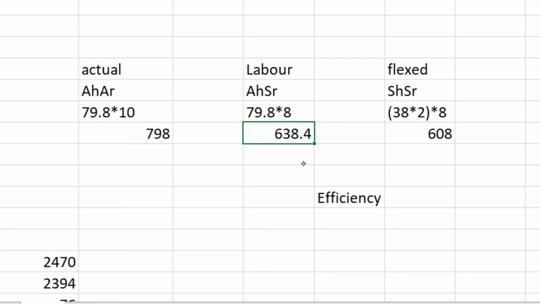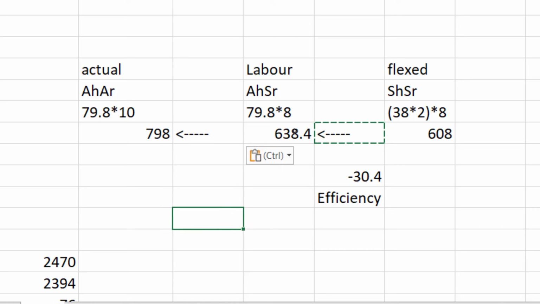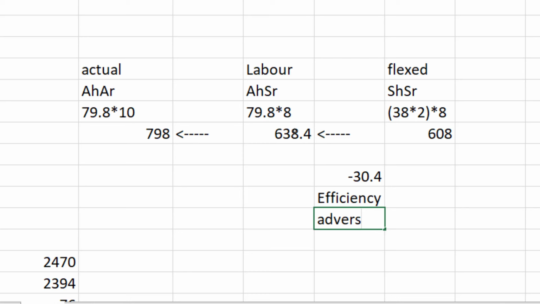We did use 638.4, so we were less efficient, weren't we? That's going to be equal to this one minus this one. Number is adverse. We're still going from right to left. And let's tell the marking team that that is adverse.